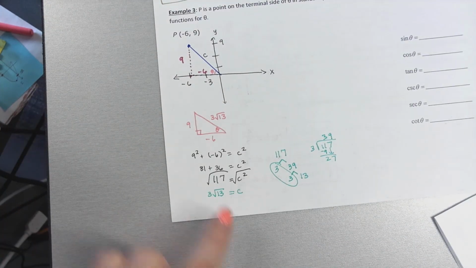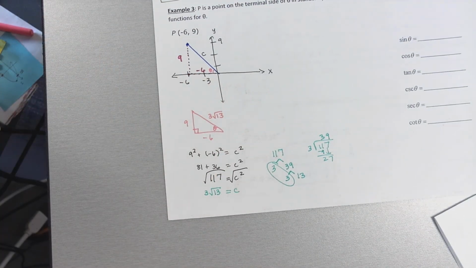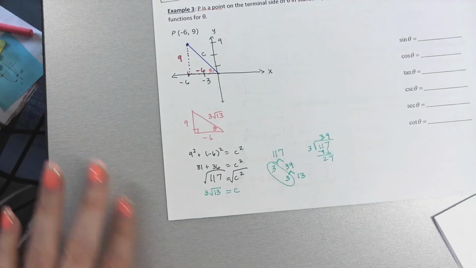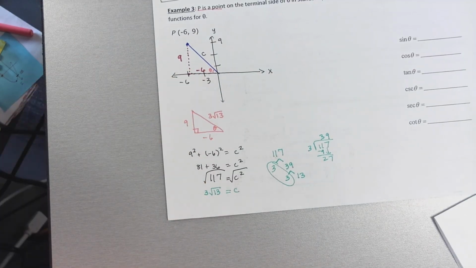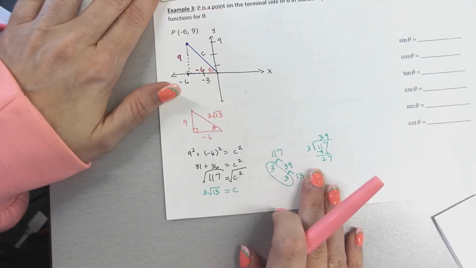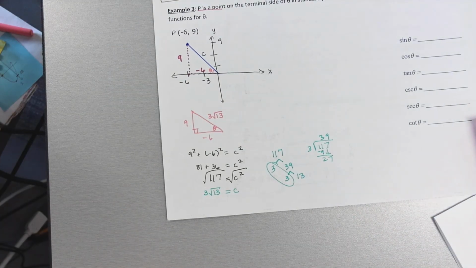Okay, now, we are going to use these to find the values of sine, cosine, tangent, and their reciprocals. In this case, P is a point in the standard position. So once you are dealing with points on the grid, you are going to be working with positives and negatives.